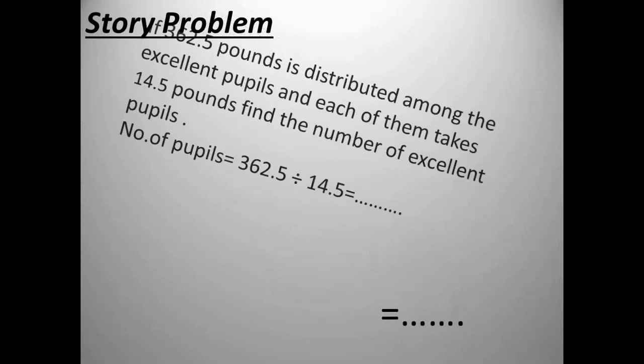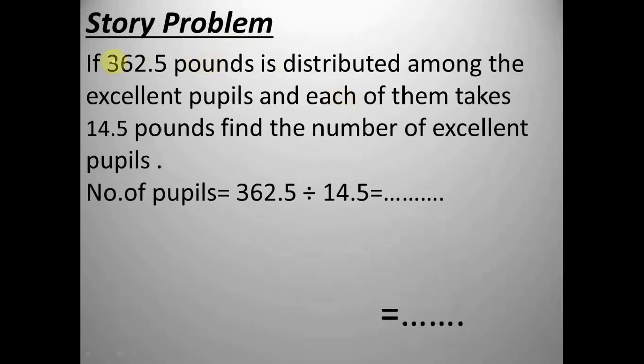We will go to another exercise. Story problem. If 362.5 pounds is distributed among the excellent pupils and each one of them takes 14.5 pounds, find the number of excellent pupils. To find the number of excellent pupils, we must carry out this division: 362.5 divided by 14.5.